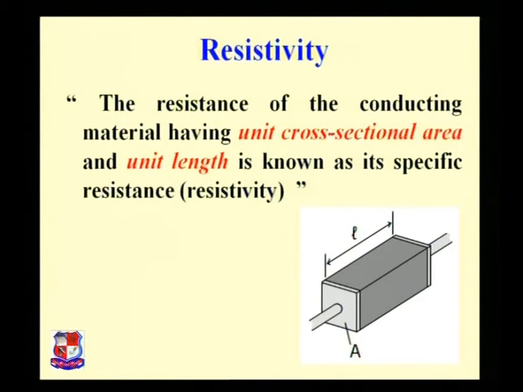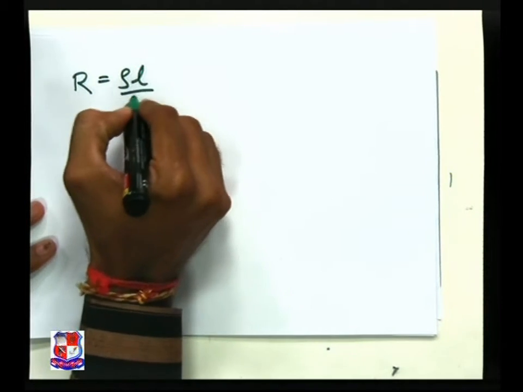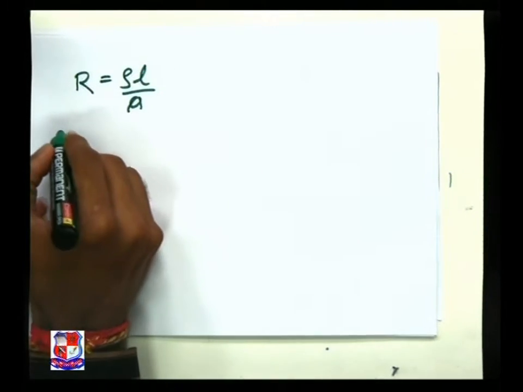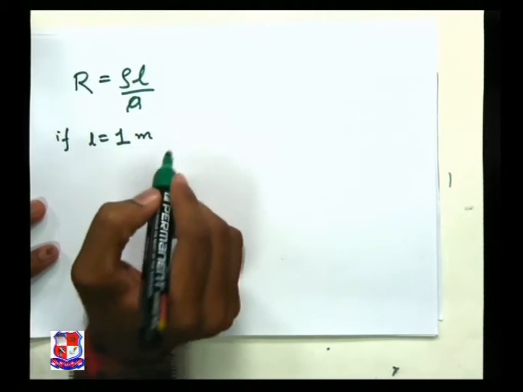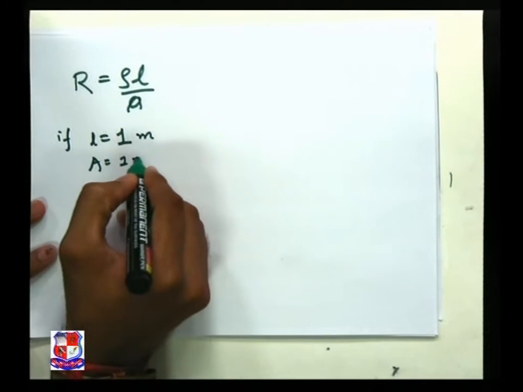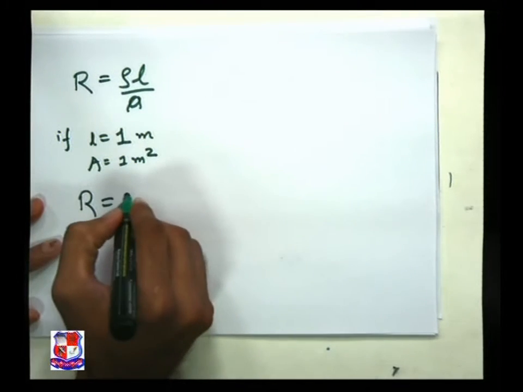As shown in the figure, the length is L and the cross-sectional area is A. As we know, R equal to rho L upon A. If the length is 1 meter and the area is also 1 meter square, then R becomes rho.